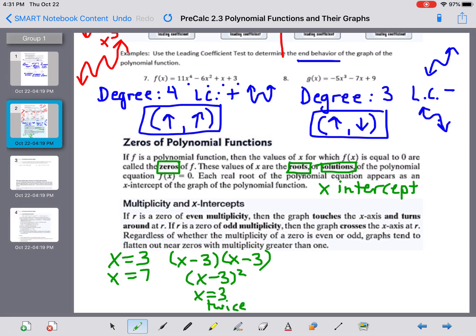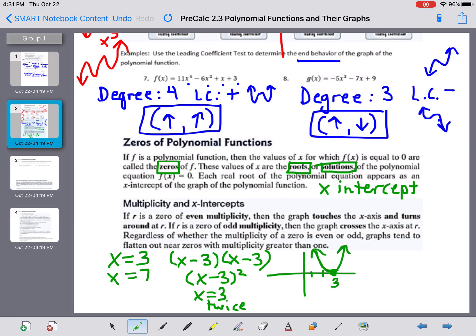A quadratic has to have two answers, but sometimes it's the same answer twice. If that's the case, your graph is coming down and touching right there at 3, but it didn't cross.